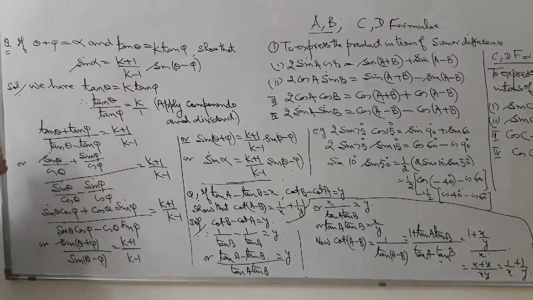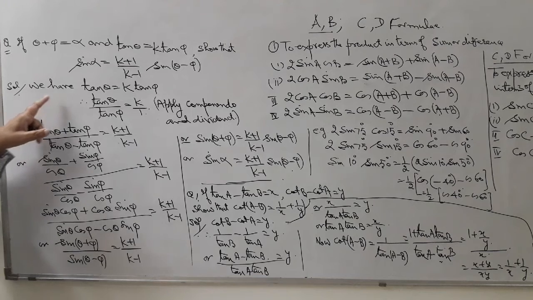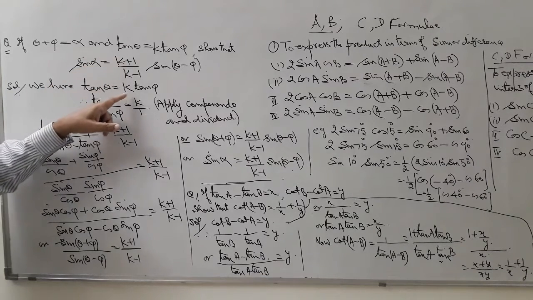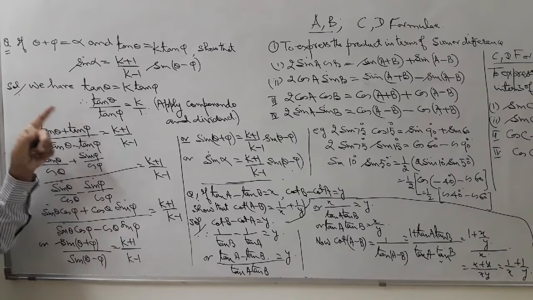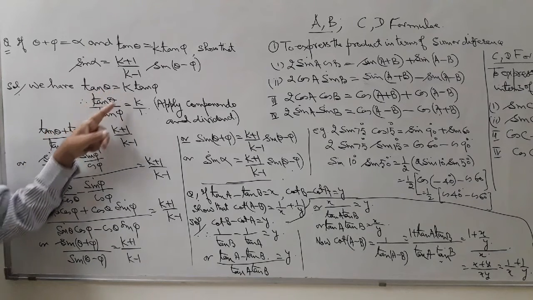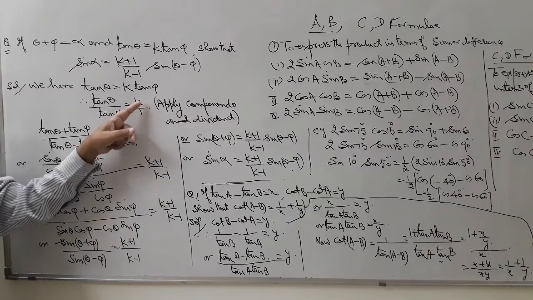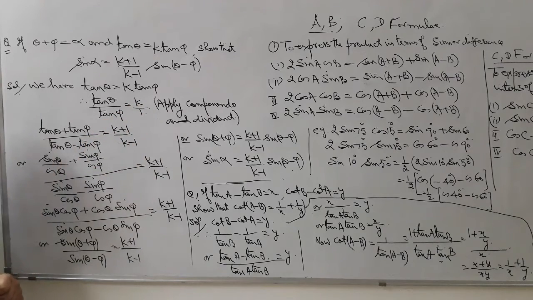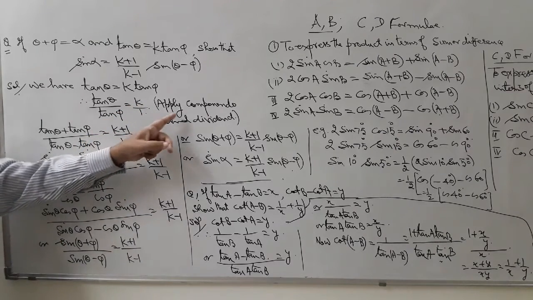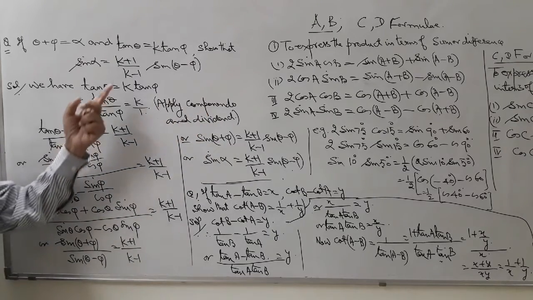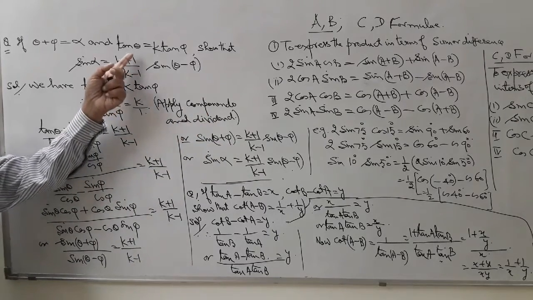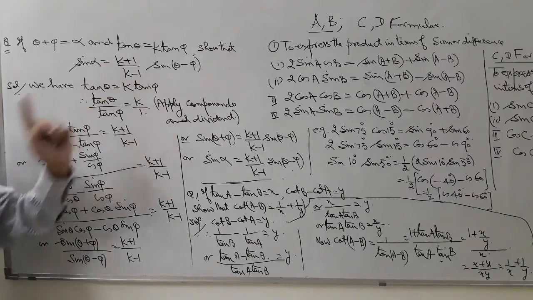Now to solve it, we have tan theta is k times tan phi. Therefore, it can be written as tan theta upon tan phi is k upon 1. Now I say apply componendo dividendo. Why is it so? Because in the answer we need something like k plus 1 over k minus 1.